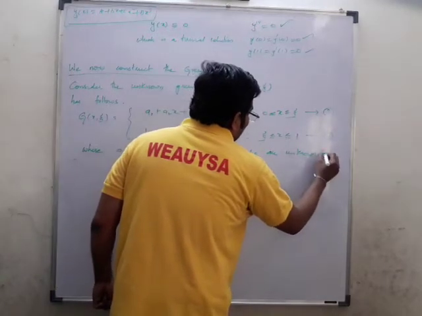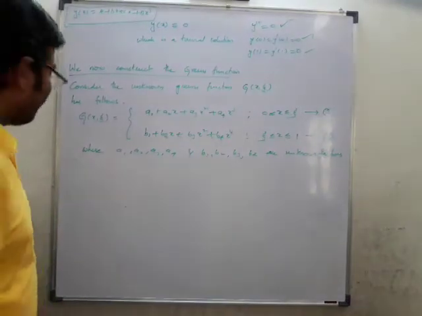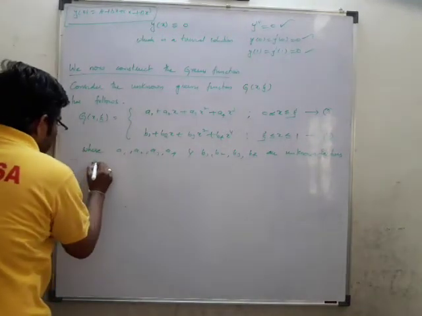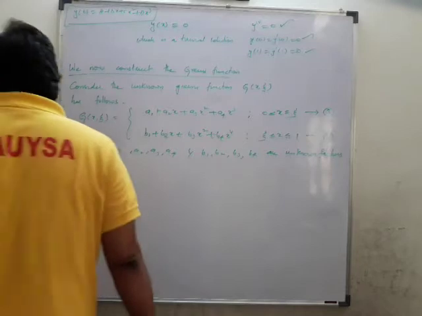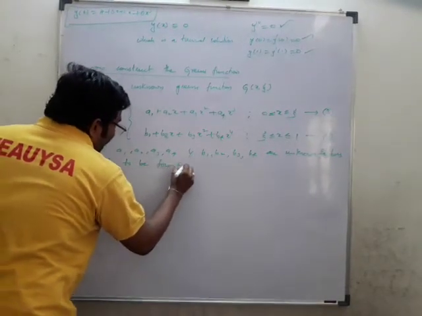These are nothing but unknown factors. We don't know the values of these, so they are called unknown factors of xi to be found. We need to find all the values.